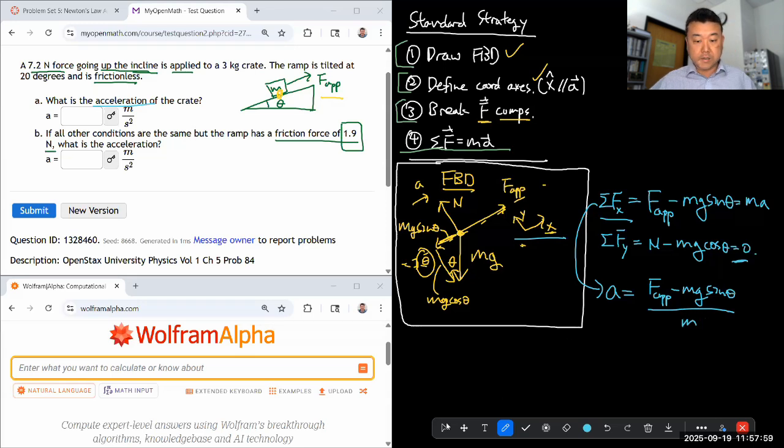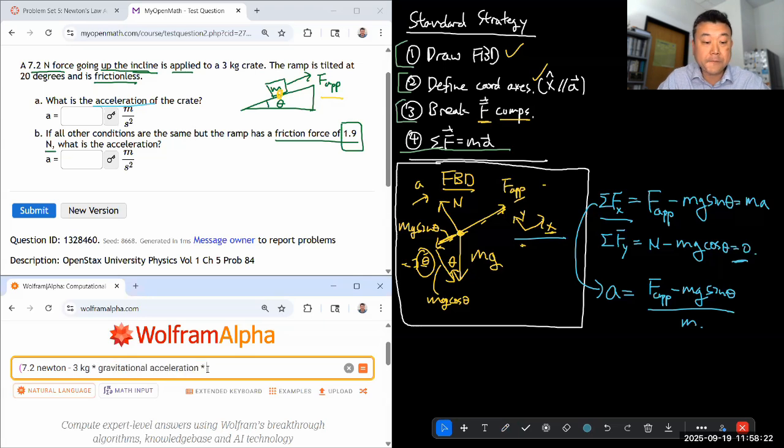So let me plug in these numbers and let's see. Let me plug in units this time. 7.2 Newton minus mass 3 kilogram times g. Now here I can just use gravitational acceleration.